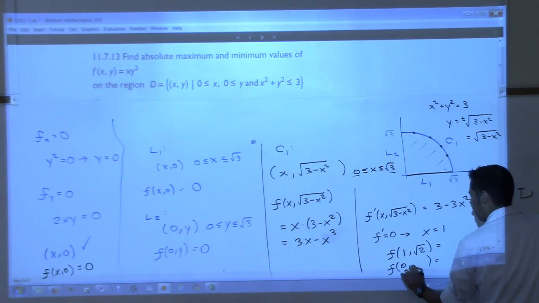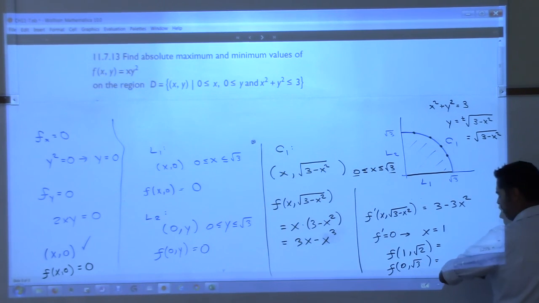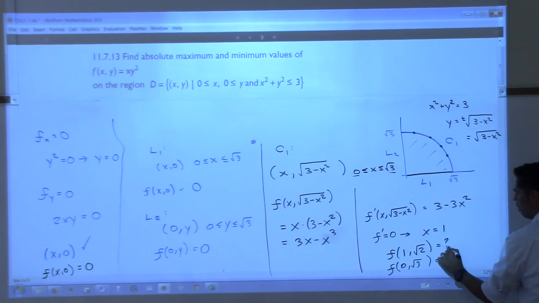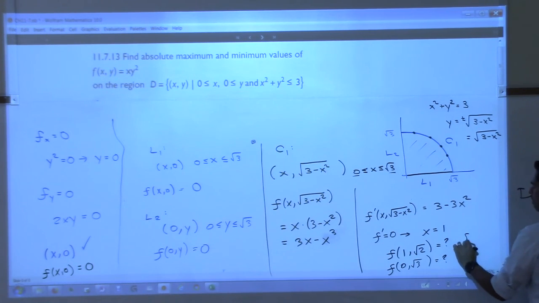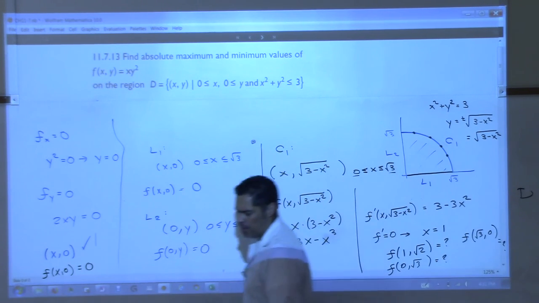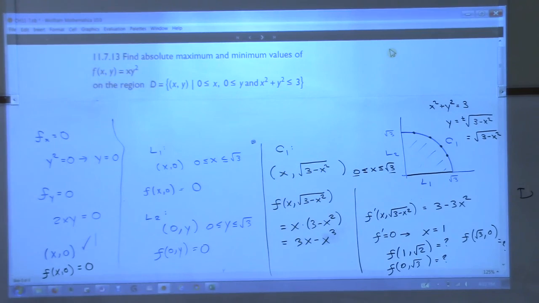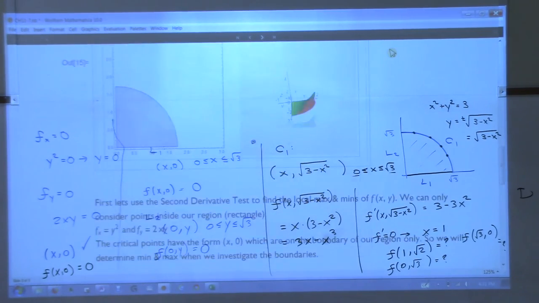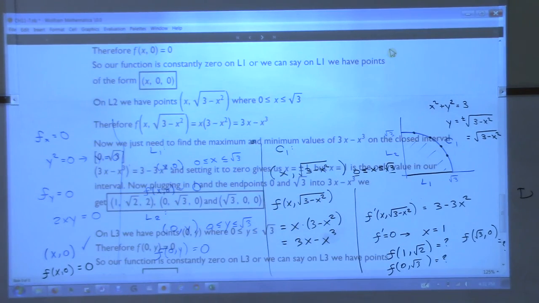This will be 0, root 3, and then question mark, and then the last one would be f of root 3, 0, whatever that is. All right, so I'm hoping you understand at least the setup on that and where everything comes from. The work for this is, again, below this.